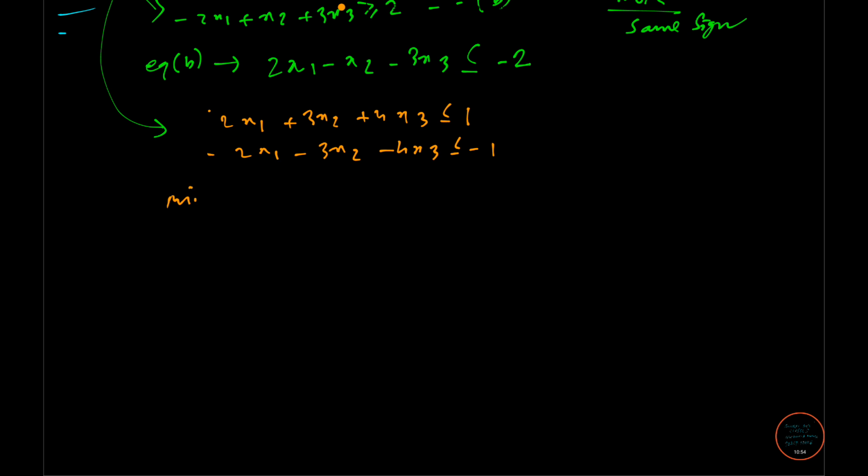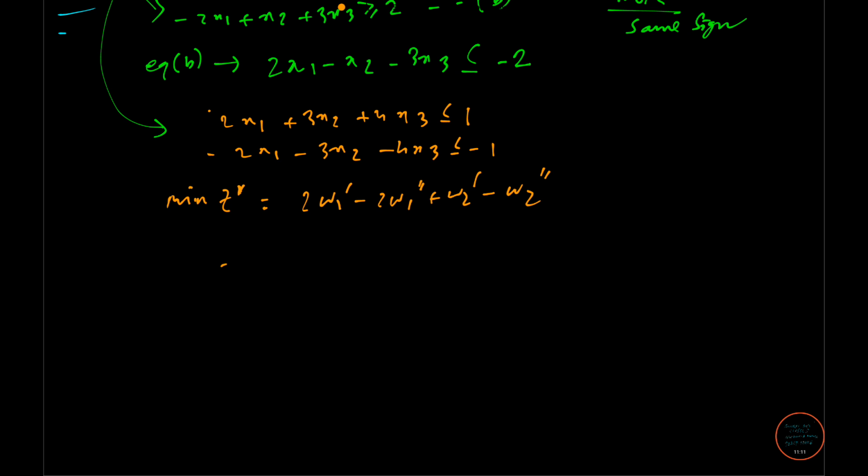So minimize z star 2w1 dash minus 2w1 double dash w2 dash w2 double dash. So I am just putting it with respect to the equational format.